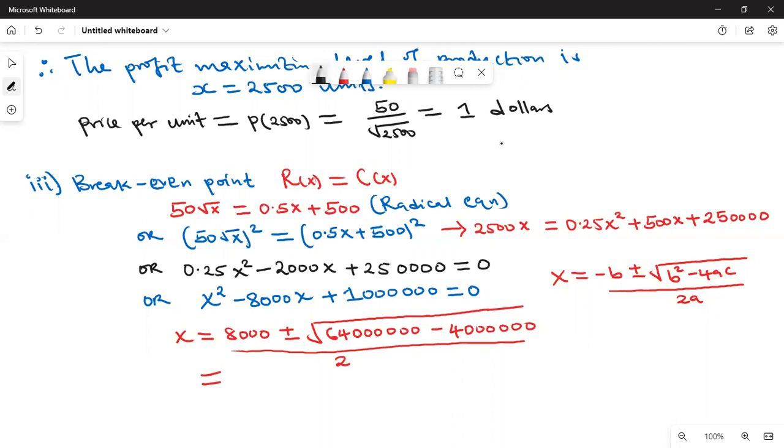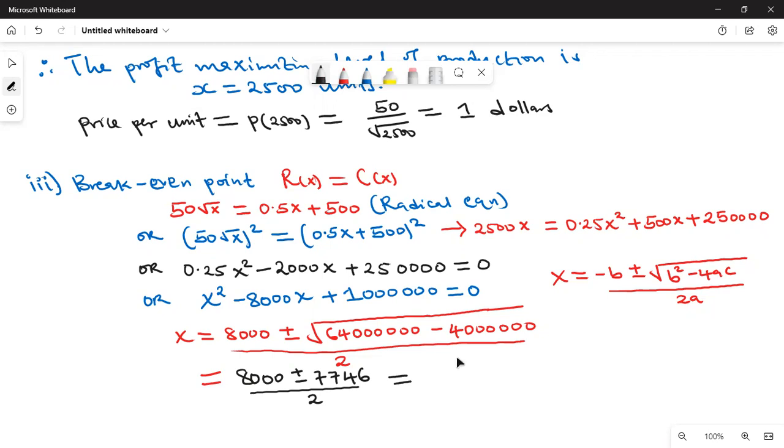So this we can now write as 8,000 plus or minus 7,745.9, so that is 46, divided by 2. And you see x cannot be negative, so let's start with the positive part. 8,000 plus 7746 divided by 2.